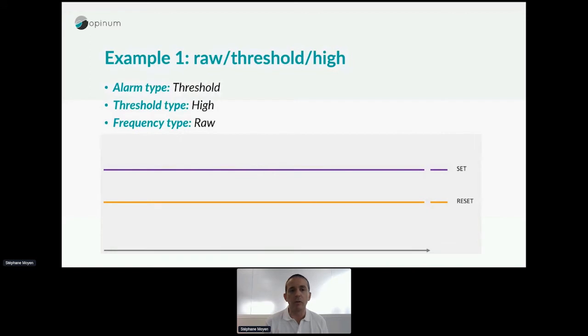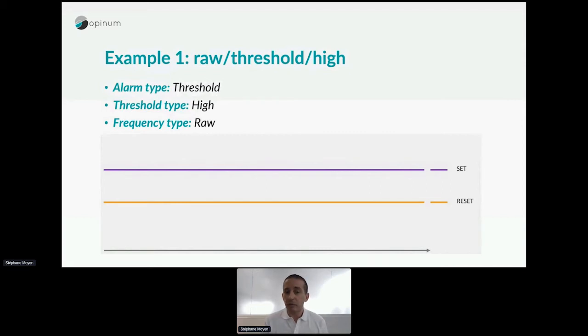So we are going to look at an alarm at a value which is going to be higher than the set value in a raw frequency type, meaning we're not doing any type of aggregation, we're just looking at the value. So you can see on the diagram, I have my set and reset levels. The set level is higher than the reset level, of course, because this is a high type.